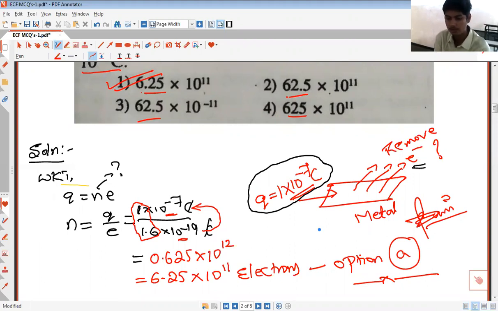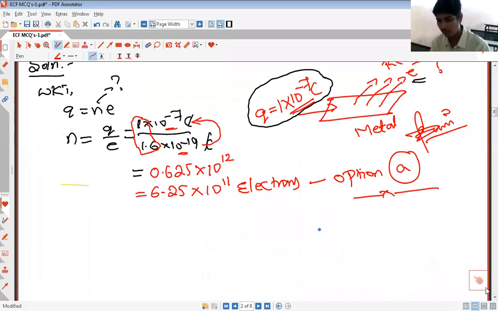Haven't understood this problem? Clear? Okay. So we'll move on to the next problem.